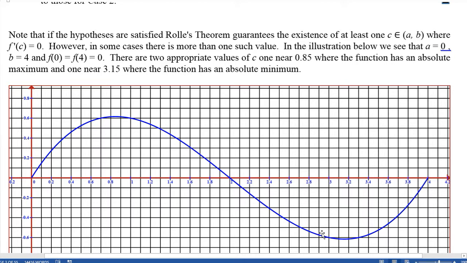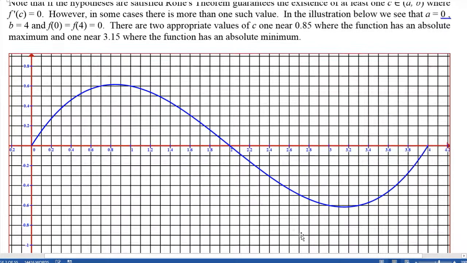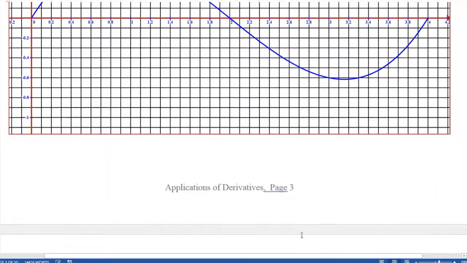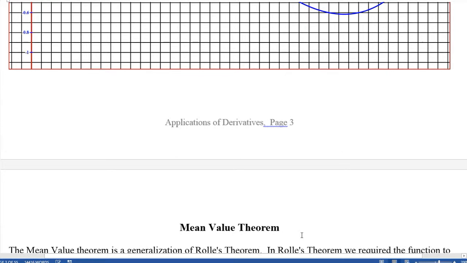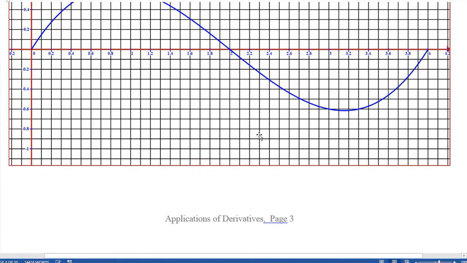There might be more than one, but Rolle's theorem says there's at least one. That doesn't tell you exactly where it is. We know where it is in one sense, it's a place where the derivative is 0, but we don't know exactly where that is without calculating the derivative. Now, Rolle's theorem is going to be an important step in proving the mean value theorem, which we'll go over in the next video.